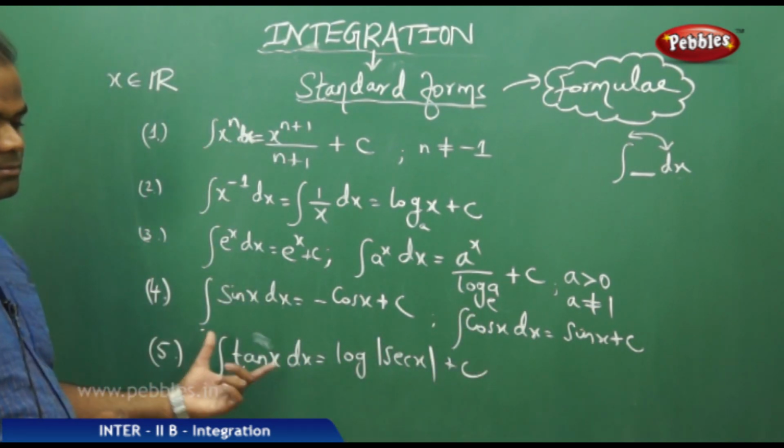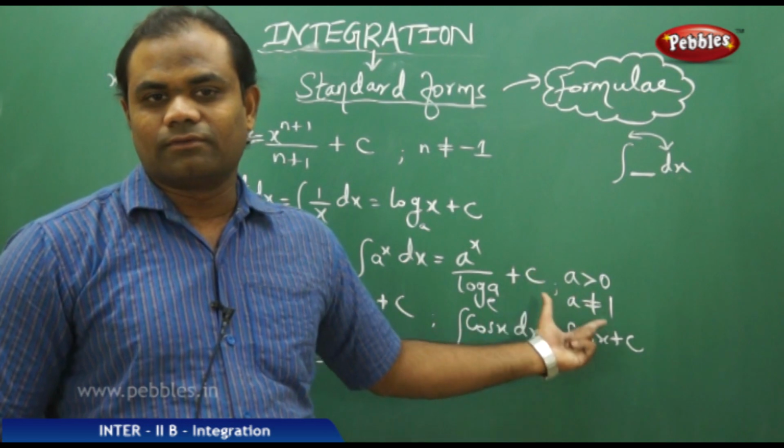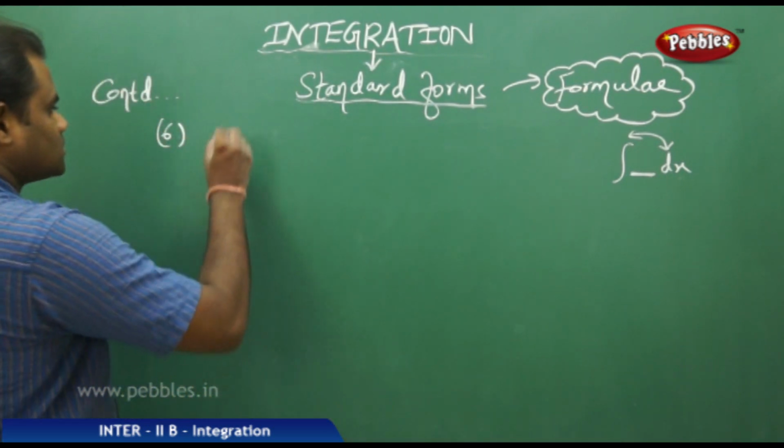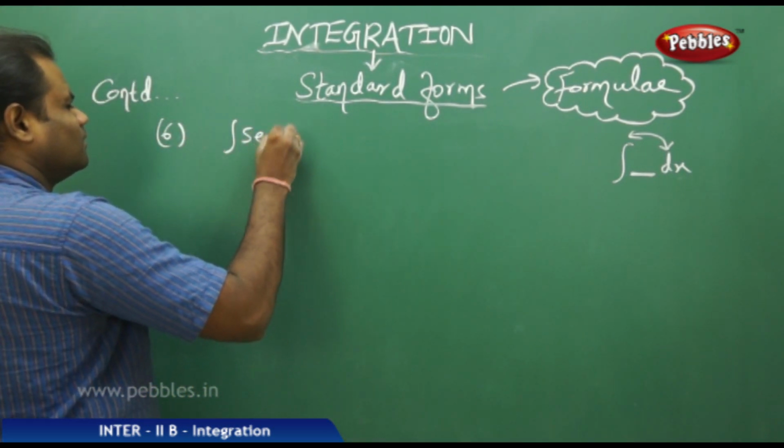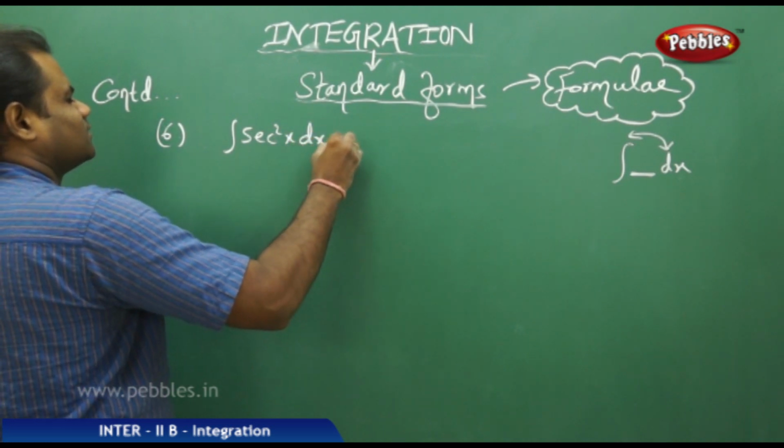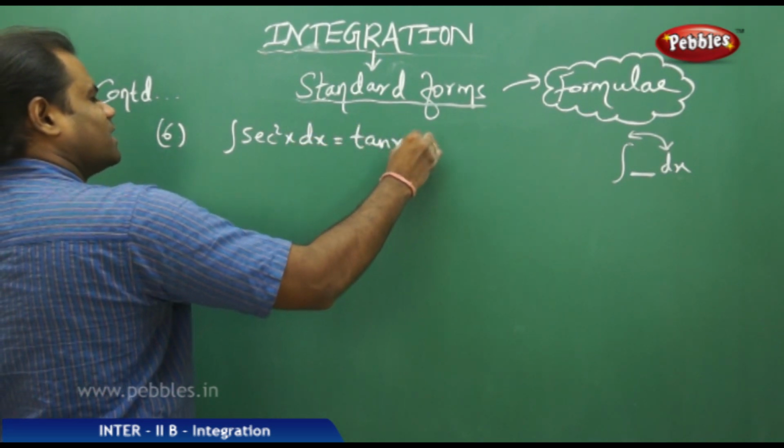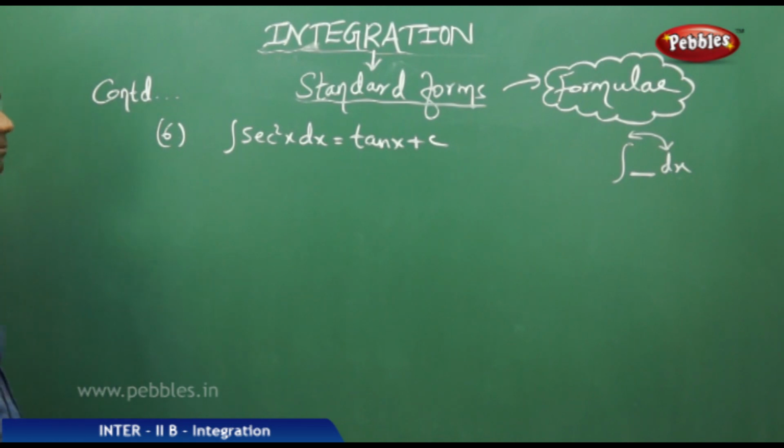And then comes the next formula, continued from the session. Next is integral secant square x, which is tan x plus c.